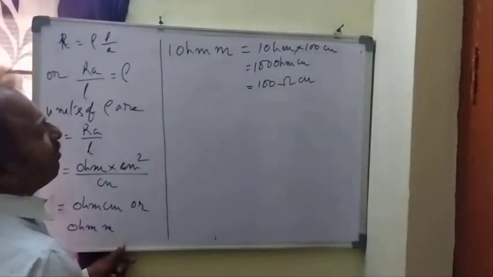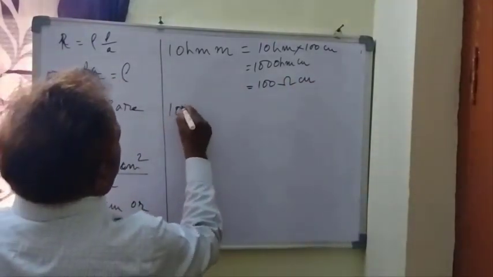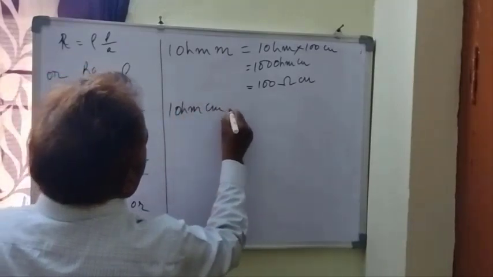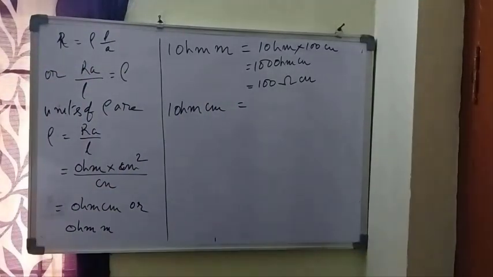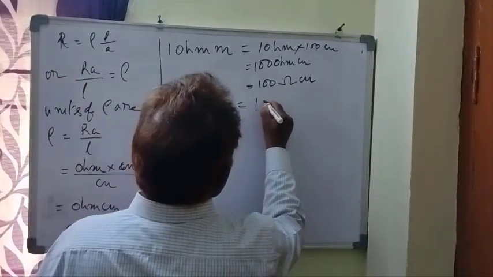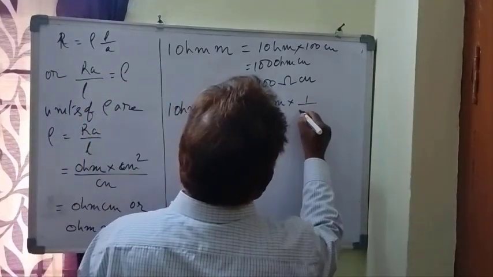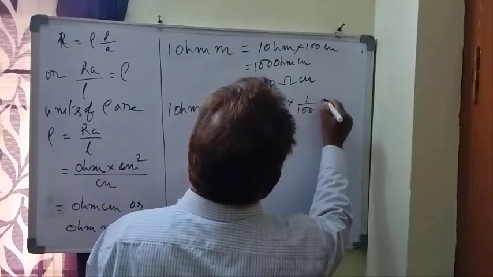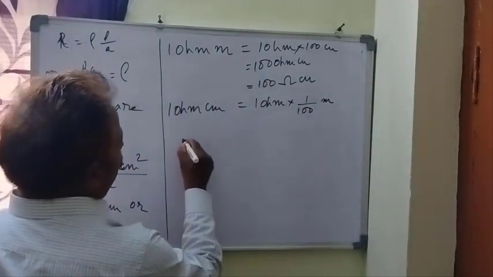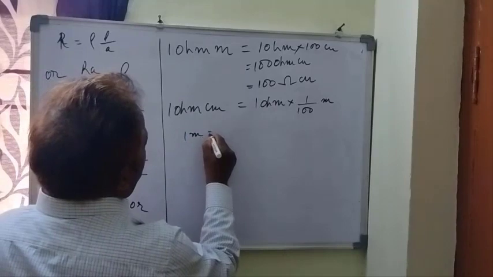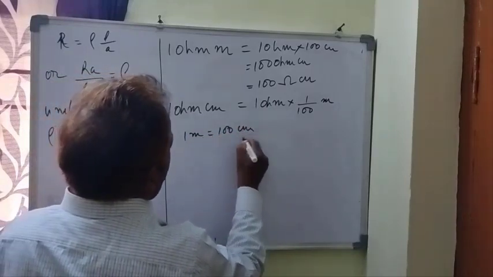In the same manner, let us find 1 ohm centimeter equal to how many ohm meters? Here, this is 1 ohm, and 1 centimeter can be written as 1 by 100 meter, because 1 meter equal to 100 centimeter.